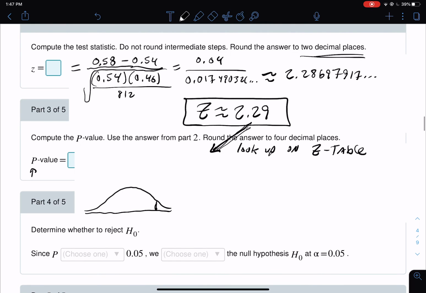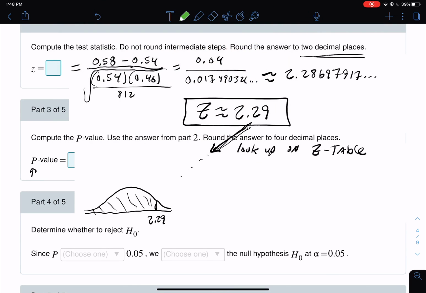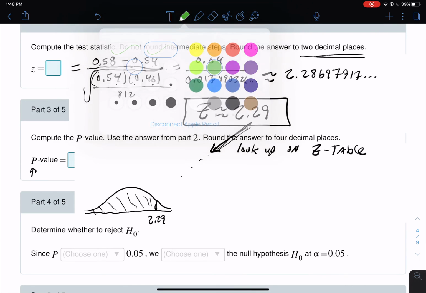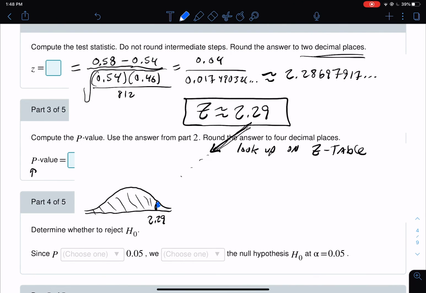I'm going to plot the z-score right here, 2.29. Unfortunately, when we look at the z-score on the z-table, it gives us the area to the left. We've got to remember this. This is a right-tailed test, so what I'm looking for is the p-value, which is the area under that curve to the right.